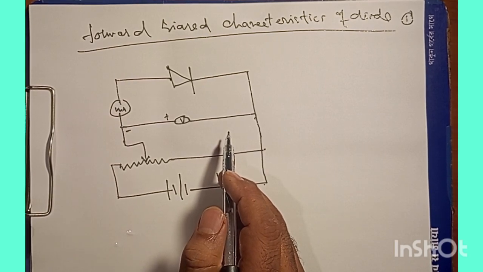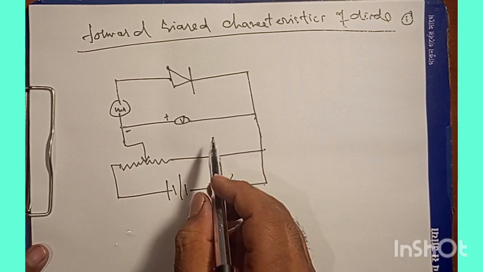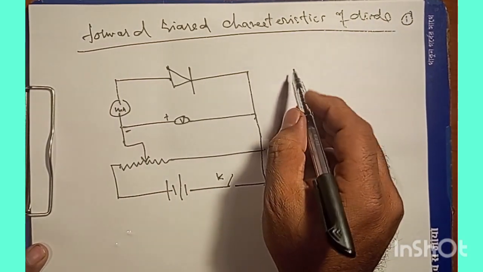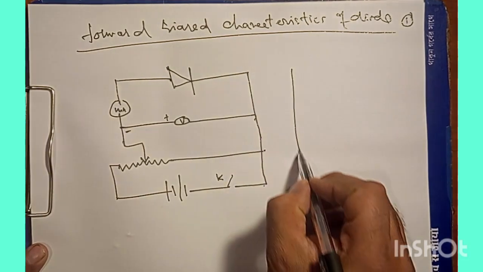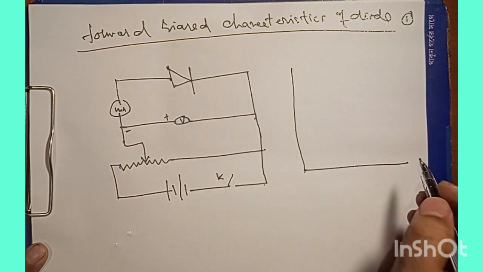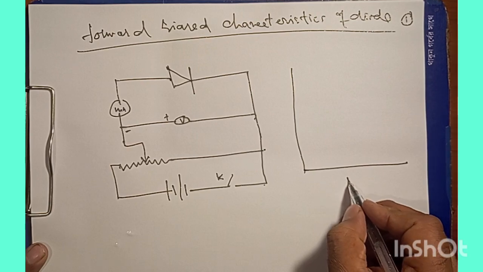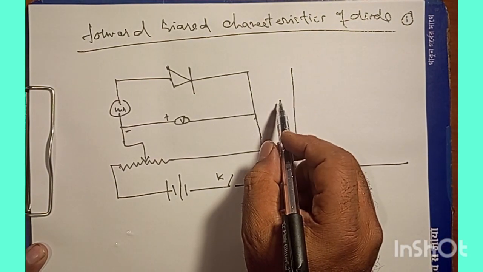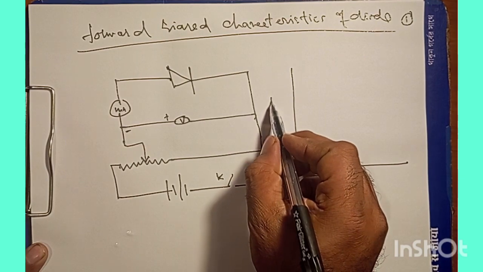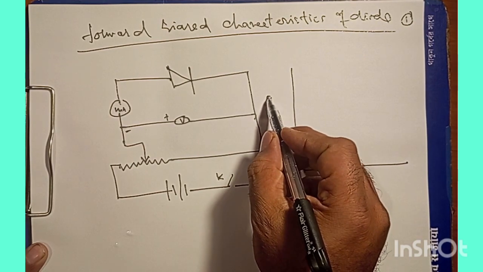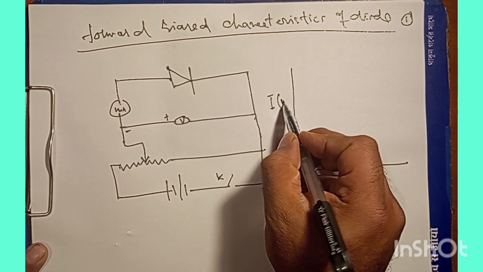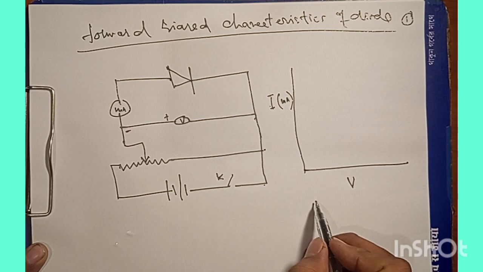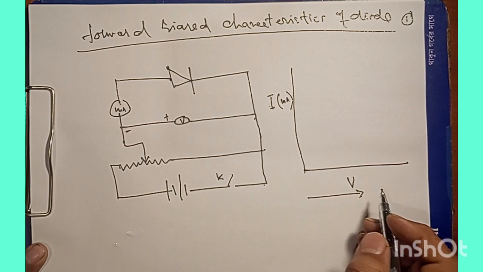Now if we try to plot the graph between the current and the voltage, we have voltage and we have current. Now this current is forward current in milliamps, and this is the voltage.